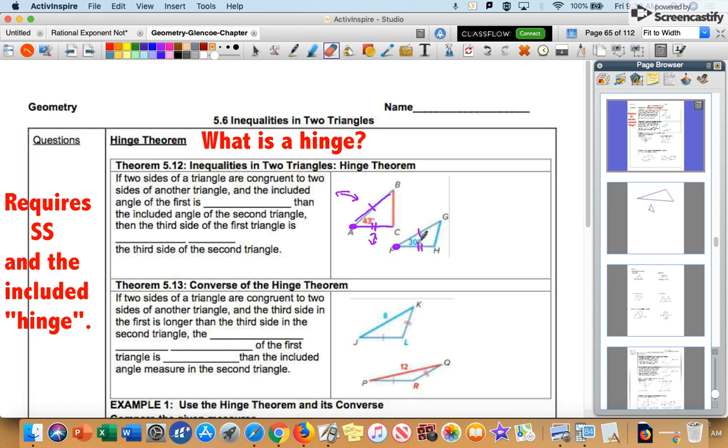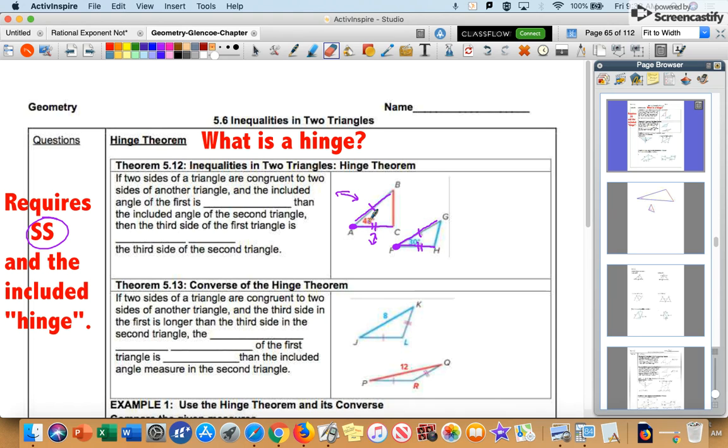So you notice the congruent markings here create this angle of 43 degrees and then 30 degrees. Notice that in both of those triangles we have a side situation, but the angle that is included between those sides is different, 43 degrees versus 30 degrees.